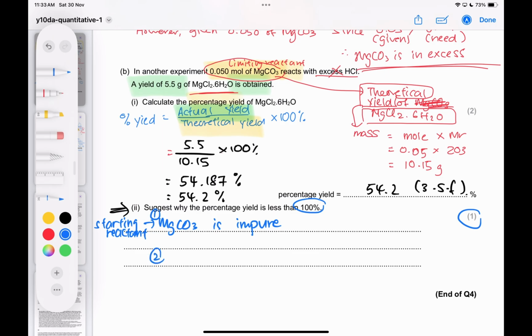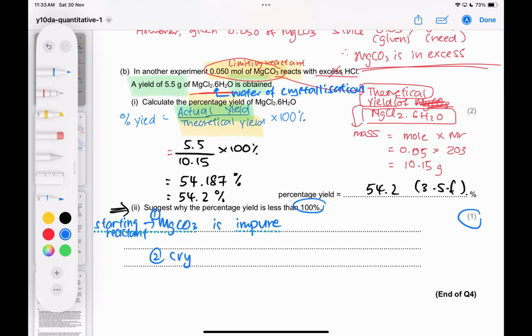Another possible reason is, it's quite difficult for you to appreciate this if you don't understand that this is water of crystallization. So to produce this product, we need it to undergo that process of crystallization. You need to think about what could possibly go wrong during the process of crystallization.